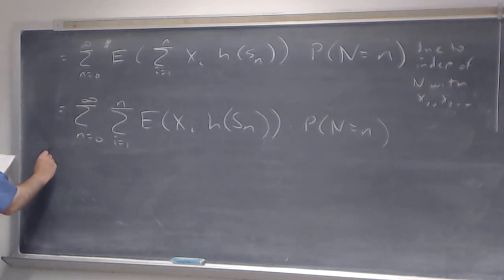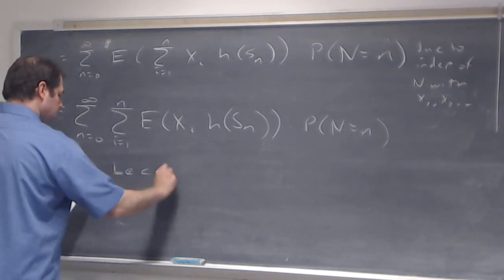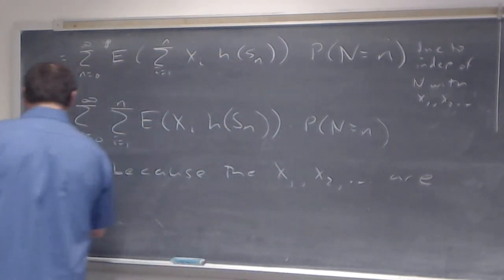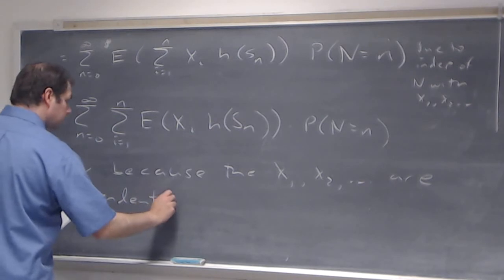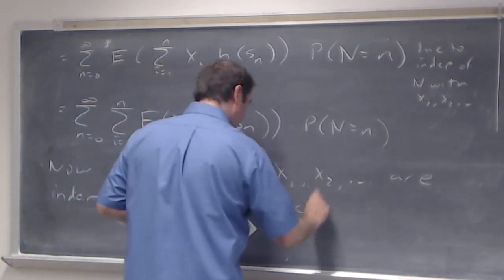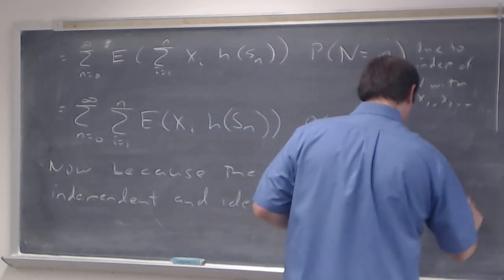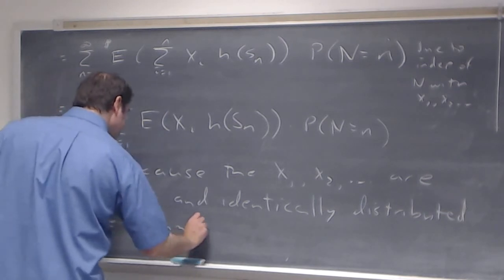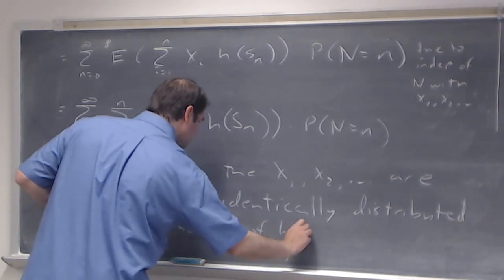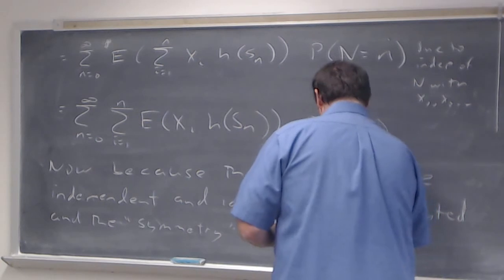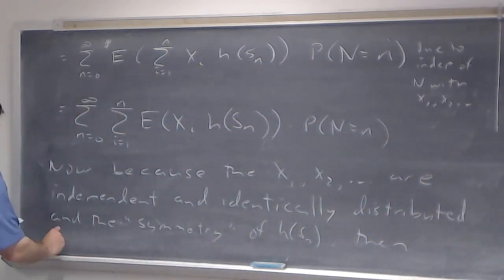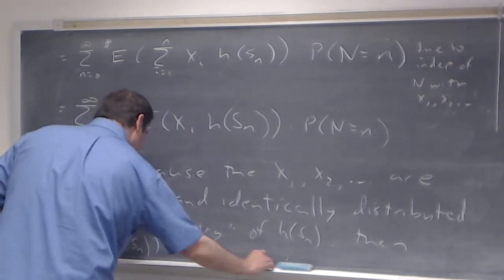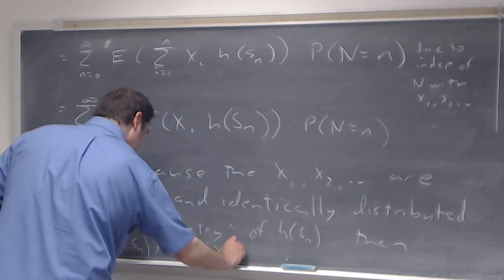Here, let me make a comment. We can rewrite this because the x sub 1, x sub 2, and so forth are independent and identically distributed, and the symmetry, I'll say, of h of s sub n, then, let's squeeze this in here, the expected value of x sub I times h of s sub n is equal to the expected value of x sub 1 times h of s sub n.